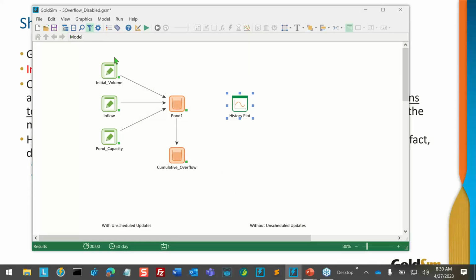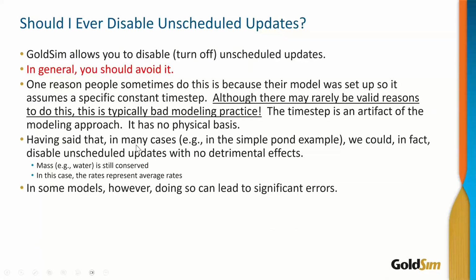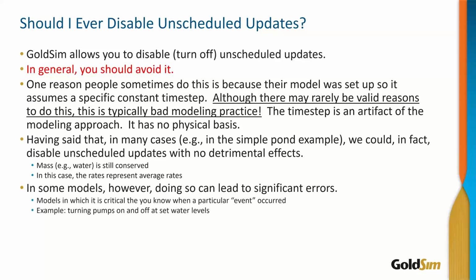But here's the problem. In some models, disabling unscheduled updates can lead to really serious errors. In particular, if you have a model in which it's critical to know when a particular event occurred. You might say, well, give me an example. Here's a really classic example.